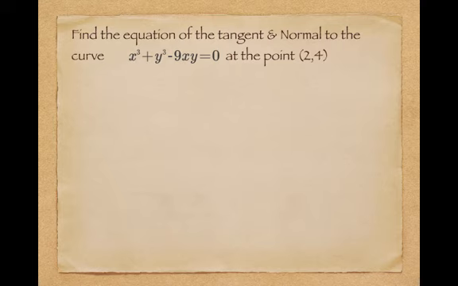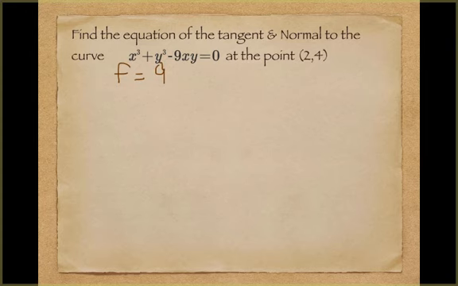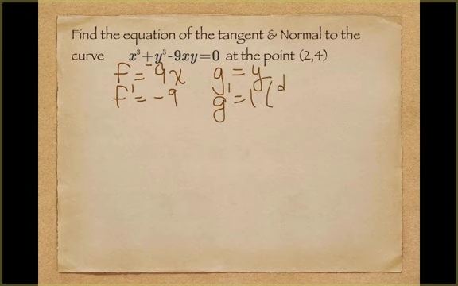Of course the 9xy is the product rule. So f equals 9x, and g equals y. Go ahead and make that minus 9x. So f prime equals negative 9 and g prime equals 1 dy dx.